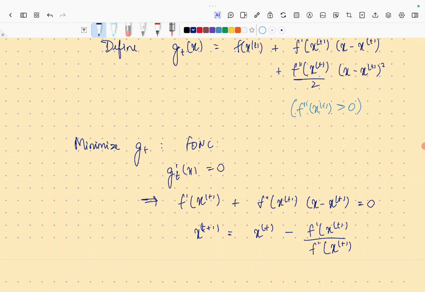The direction that the Newton algorithm takes is the same as the direction that the gradient descent algorithm takes, because f double prime of x is guaranteed to be greater than 0 for every x. It's a convex function. So in every step you are moving along the direction of the steepest descent.